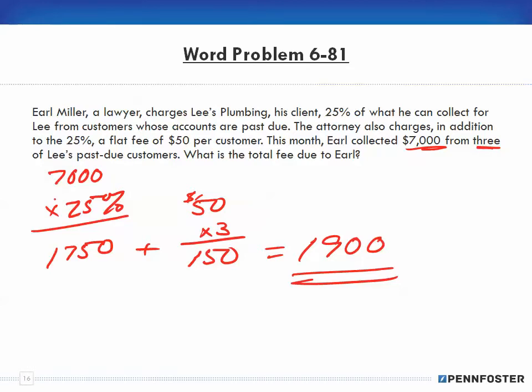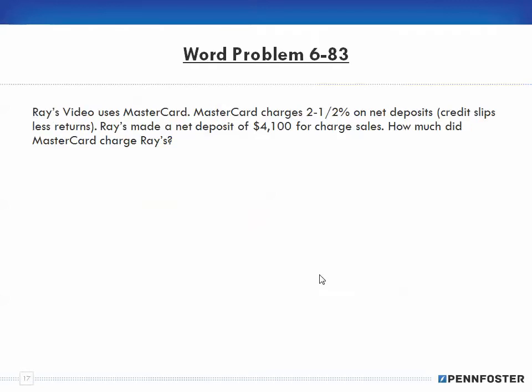That one was relatively simple. It was just the two parts: 25% of 7,000, and $50 for each of three customers, which is 150. We add the two together and get 1,900.